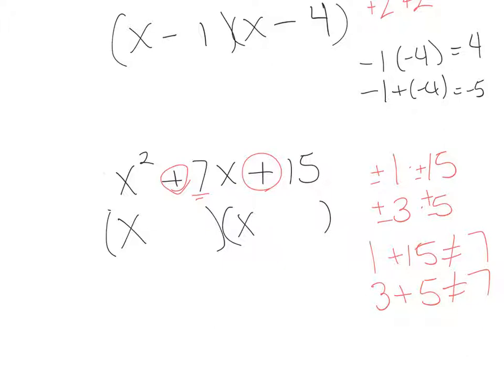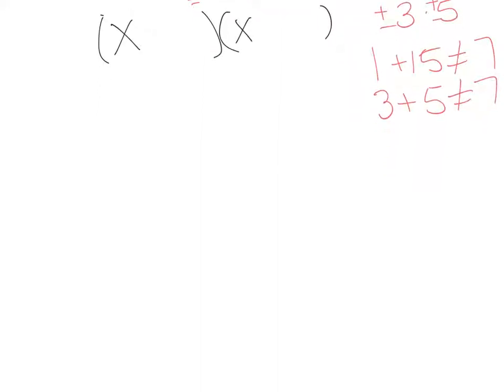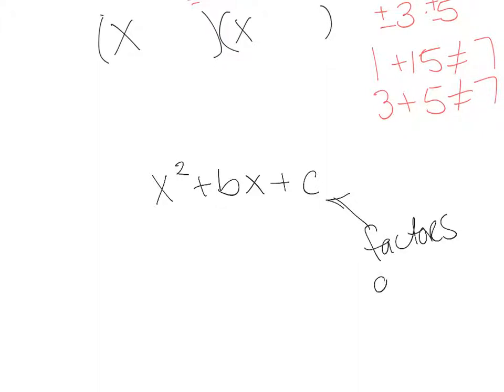So when you're doing the factoring, let me wrap this up. When you are looking at a quadratic where it is x squared plus bx plus c, we know that we are looking for the factors of c.